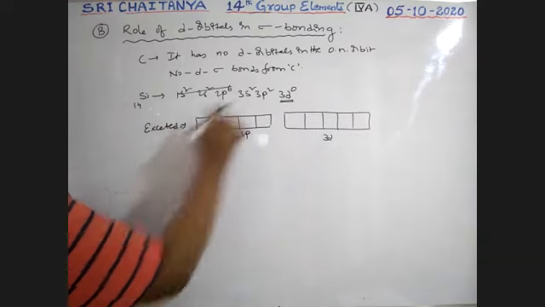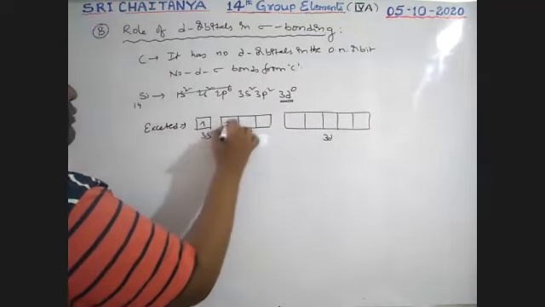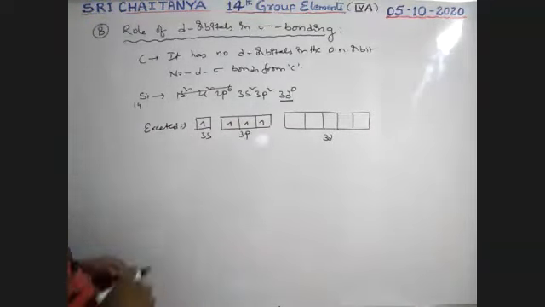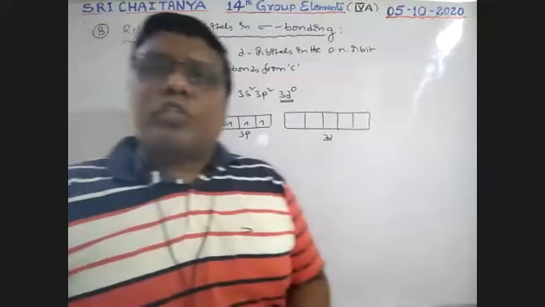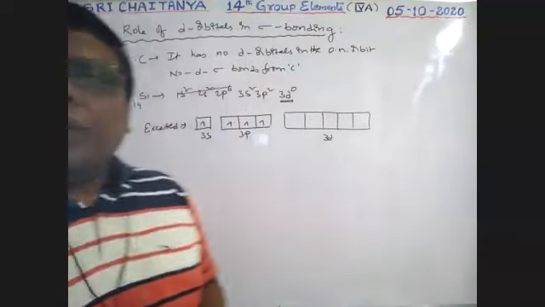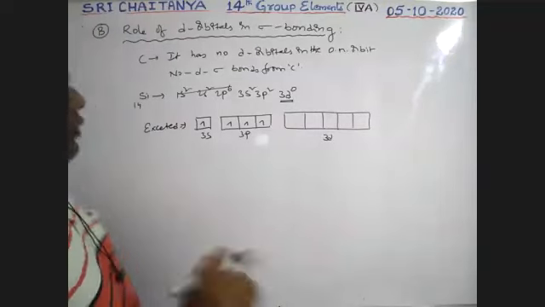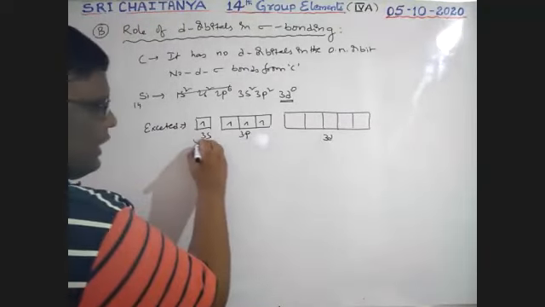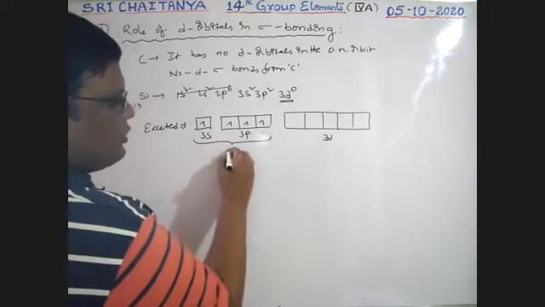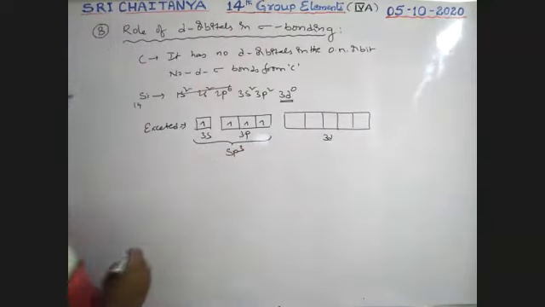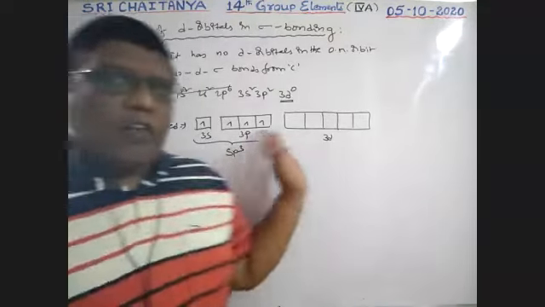Excited electronic configuration: this electron is jumped from here. 1, 2, 3, 4. This is the excited outermost electronic configuration for silicon. Now this itself is involved in hybridization that gives sp3 hybridization. No d orbitals are involved here, boys.